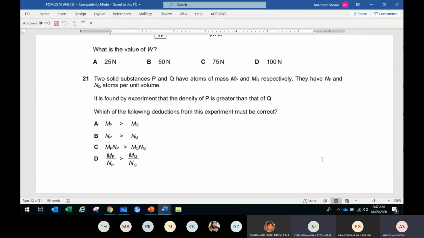Two solid substances P and Q have atoms of mass MP and MQ respectively. They have NP and NQ atoms per unit volume. It is found by experiment that the density of P is greater than the density of Q. Which of the following deductions from this experiment must be correct?